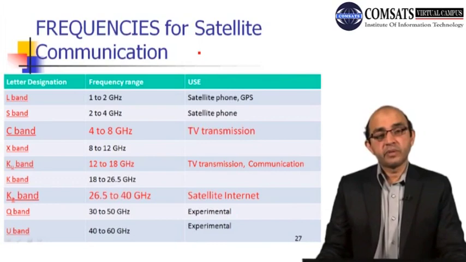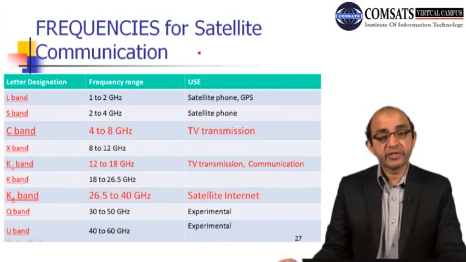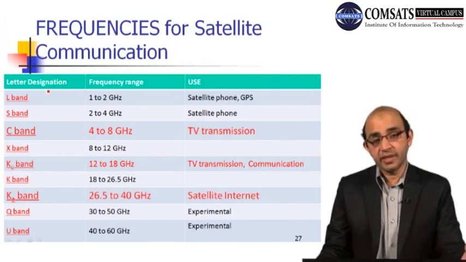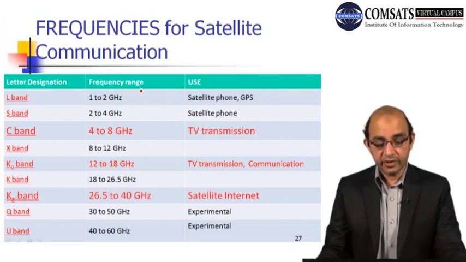So now we will be showing frequencies for satellite communication. You can see we assign different letters to different bands, then we have the frequency range, and after that in the last column we have the use.